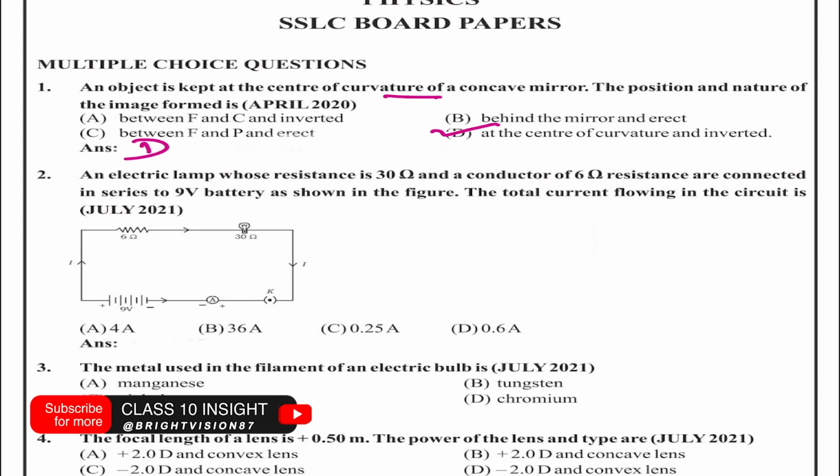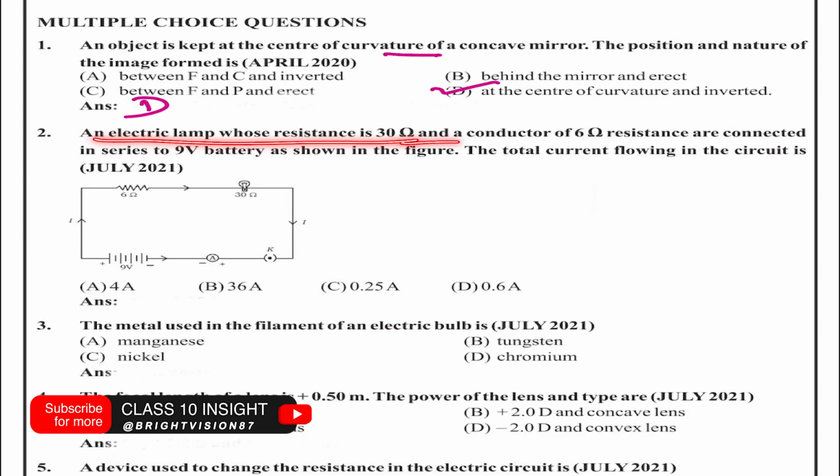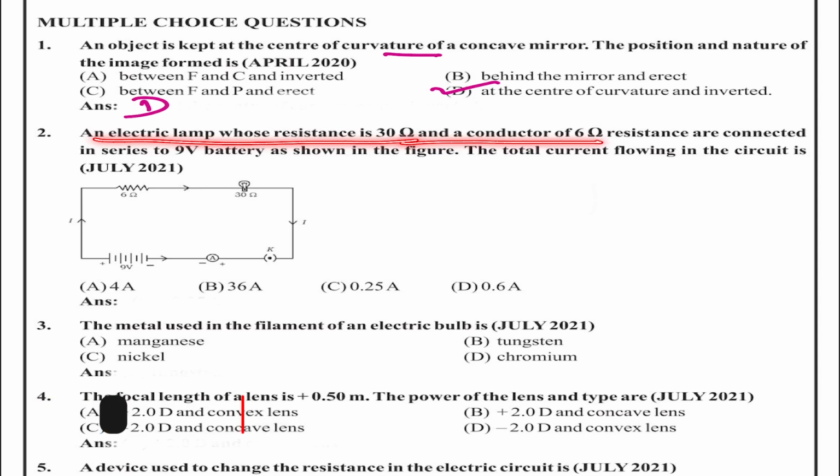Coming to the next problem: an electric lamp whose resistance is 30 ohm and a conductor of 6 ohm resistance are connected in series to a 9-volt battery, as shown in the figure. The total current flowing in the circuit is.